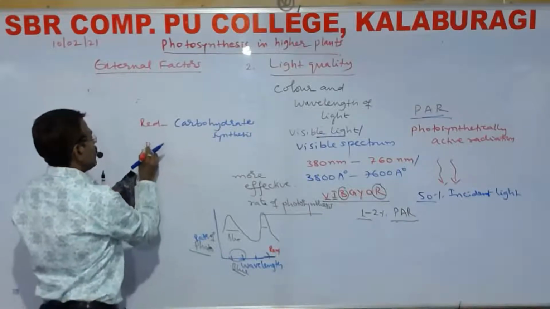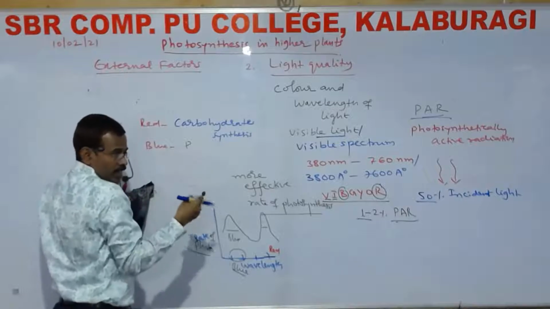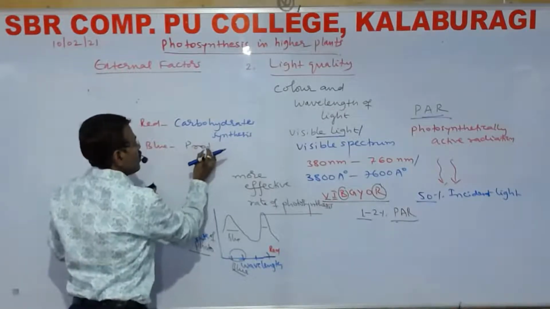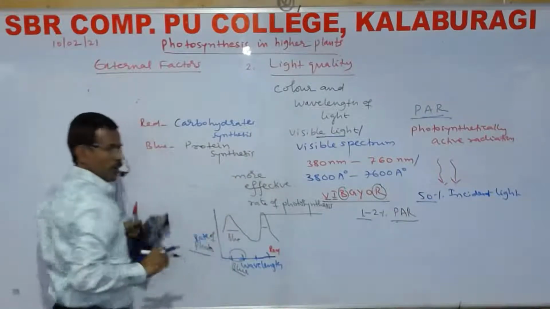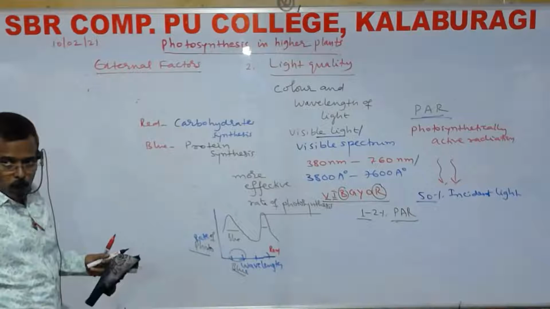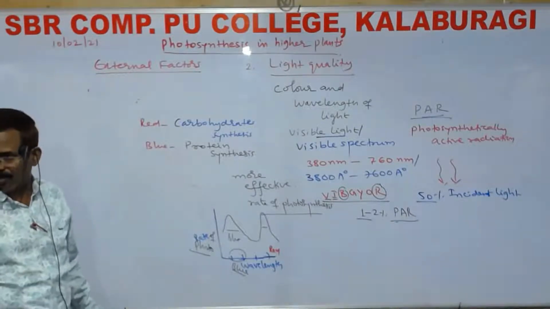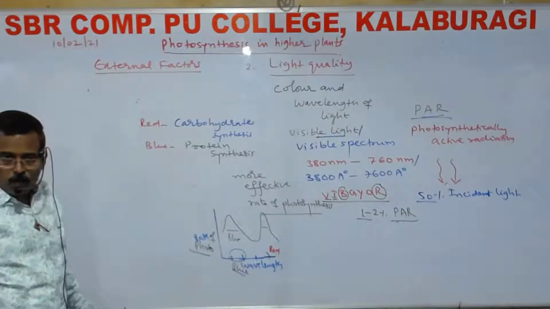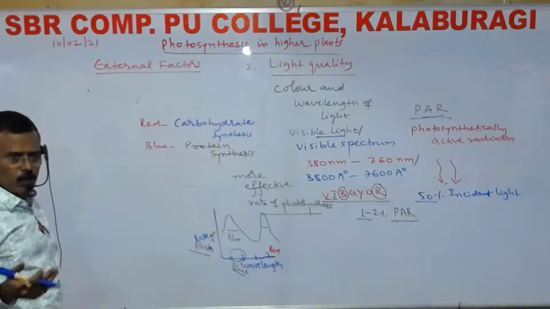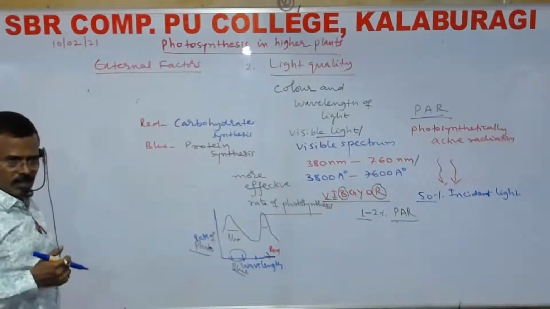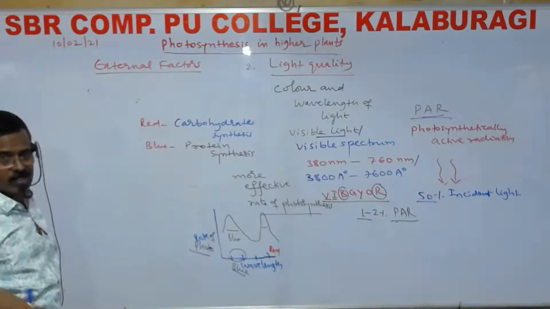Suppose blue light is more, it favors increased protein synthesis. Remember, more red light favors a rise in carbohydrate synthesis, sugar synthesis. If blue light is more, it can increase protein synthesis. Basically, carbohydrates are produced in photosynthesis. Sometimes even other substrates like fats and proteins can also be synthesized.